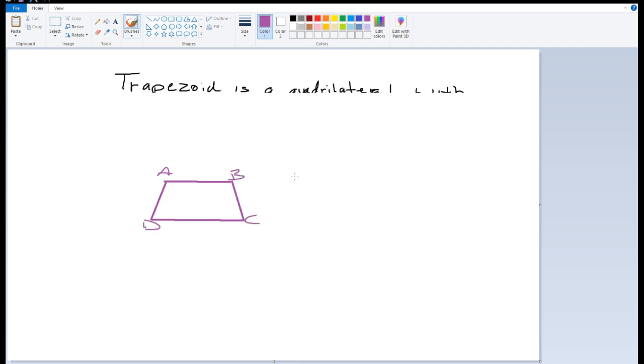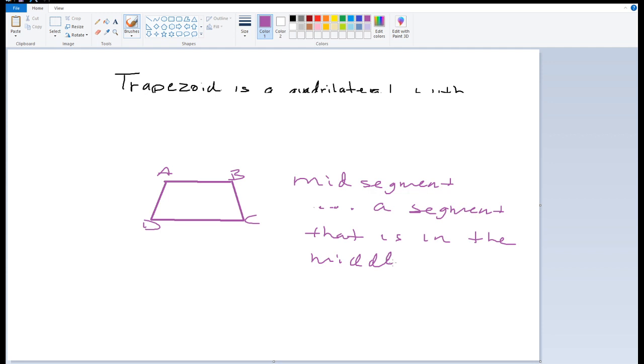So the mid-segment of a trapezoid is basically a segment that is in the middle of the two bases. So for example, this is a mid-segment because it's in the middle of these two bases.